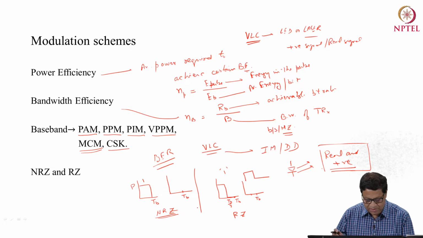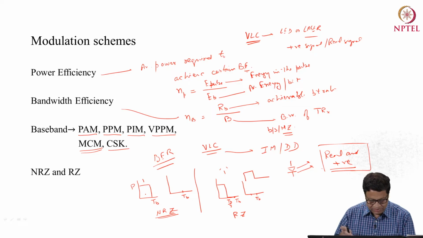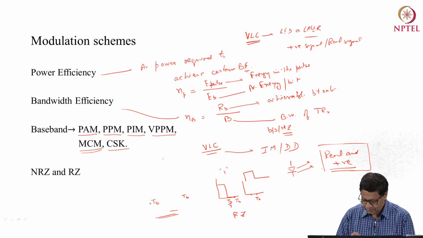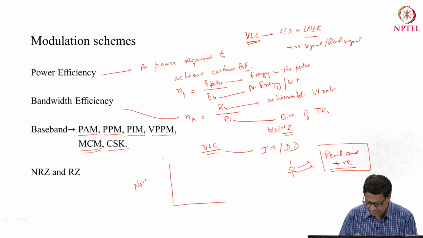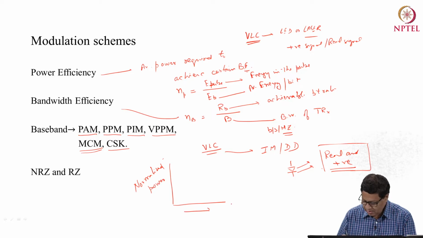And also let me tell you what the power spectral density is for NRZ and RZ. For example, if I plot the normalized power on this side, and on this side the normalized frequency.